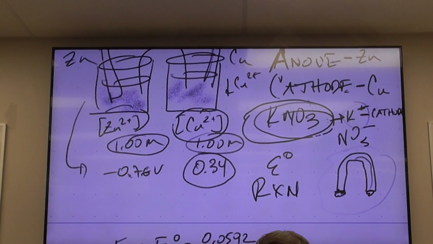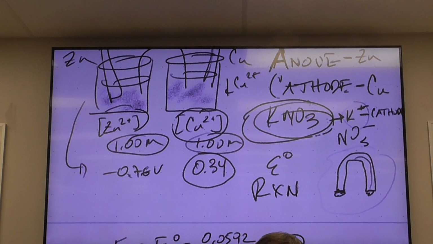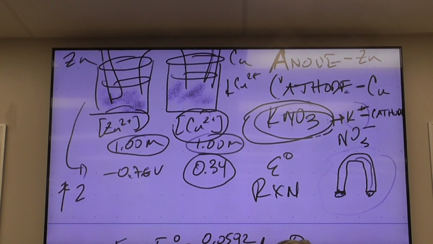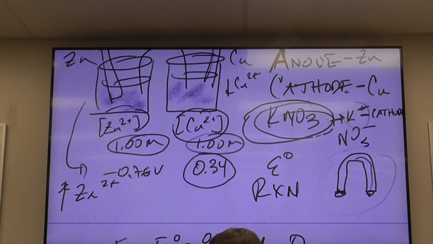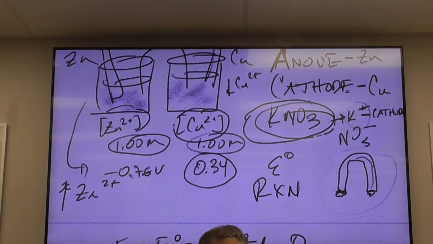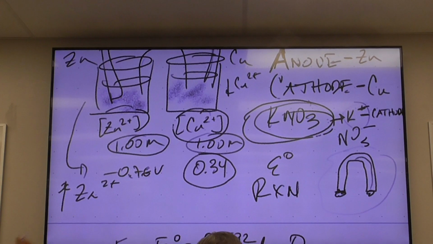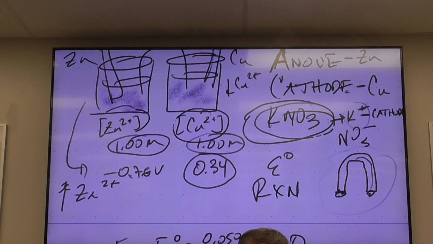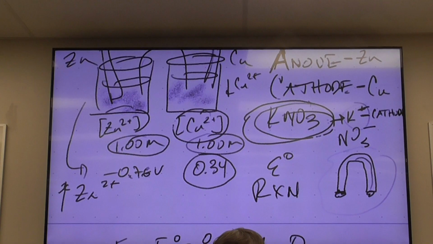Now, over here on the zinc ion side, what's happening to the concentration of your positive charges? Increase. Yeah, so you're increasing the concentration of your positive charges. The nitrates go, ooh, we've got to balance this out because we don't want to build too much positive charge. So the potassium ions go one way, and the anions, the nitrates, balance out the increase of positive charge. That's why they're going to go in those separate directions.